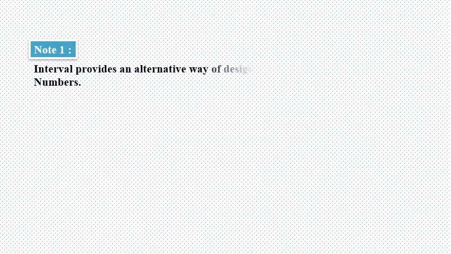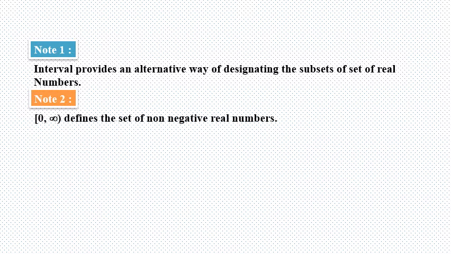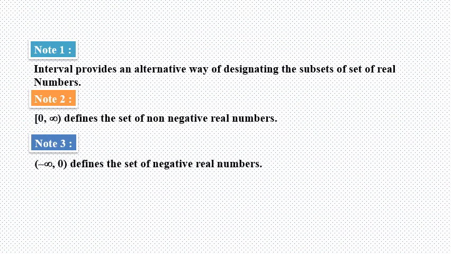Note: intervals provide an alternative way of designating the subsets of the set of real numbers. Remember, read carefully. Note 2: 0 to infinity defines the set of non-negative real numbers. Note 3: minus infinity to 0 defines the set of negative real numbers.